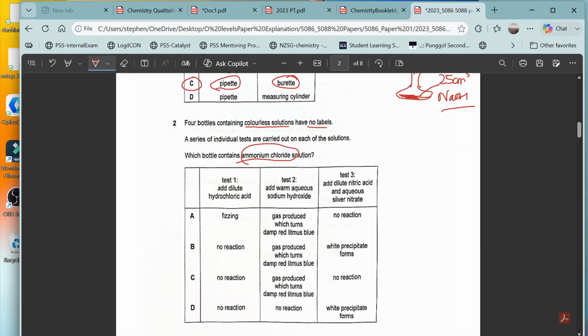Okay, go back. So it is a colorless solution, and you want to know how do you differentiate. Now take a look at it. This is how you represent ammonium, and this is how you represent chloride ions. So you have chloride ions and ammonium ions.